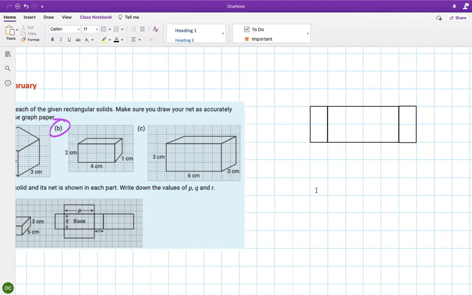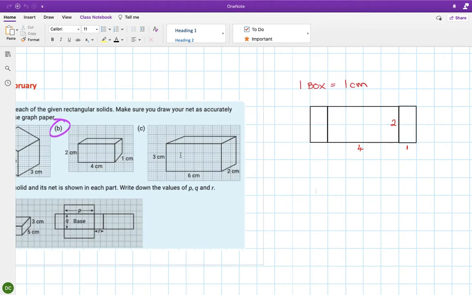So these are 4 across this way, 2 up the side, and then 1 out that way. Yeah? And I'm going to take 1 box equals 1 centimeter.